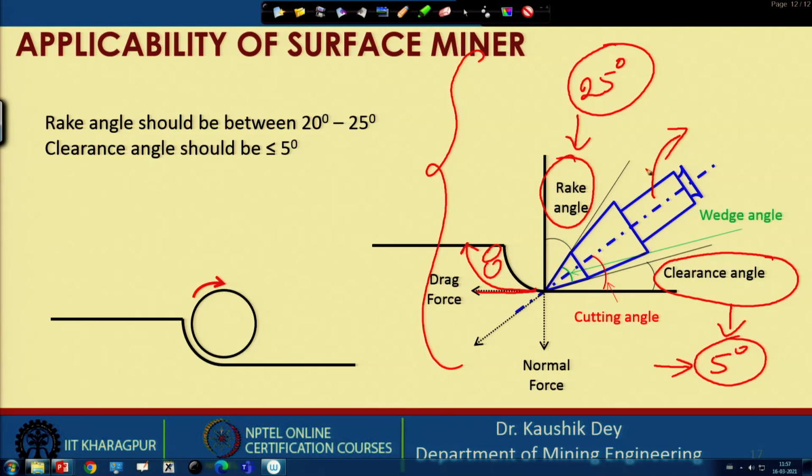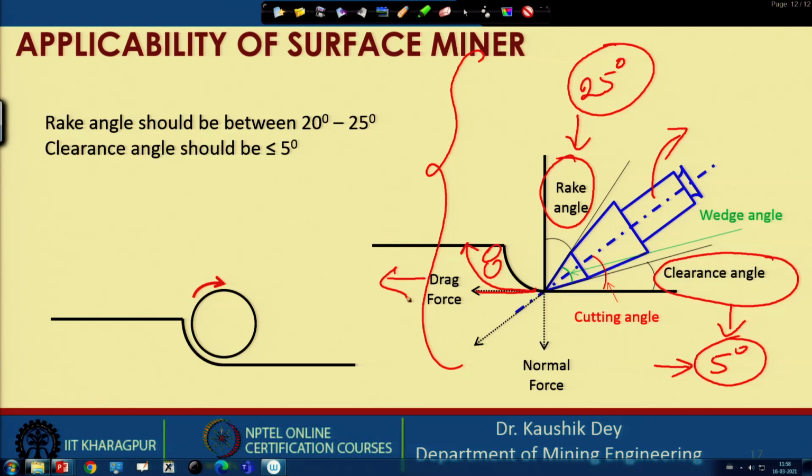There are different types of picks available, having their own different applications. For soft rock the picks are different; for hard rocks the picks are a little bit wider with a greater wedge angle. For abrasive material also you need a larger wedge angle and more drag force.